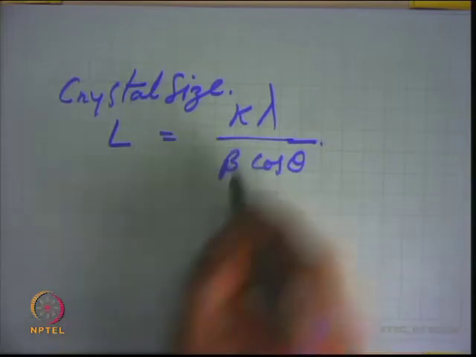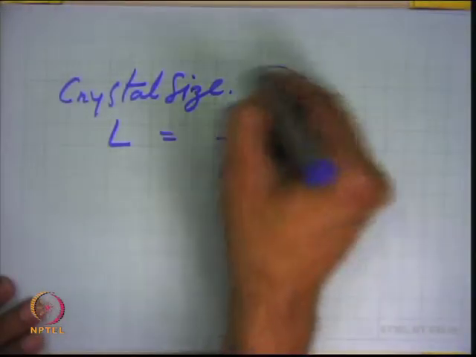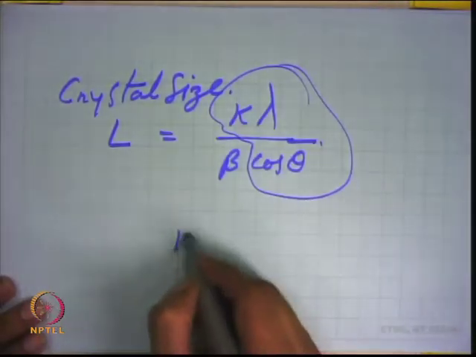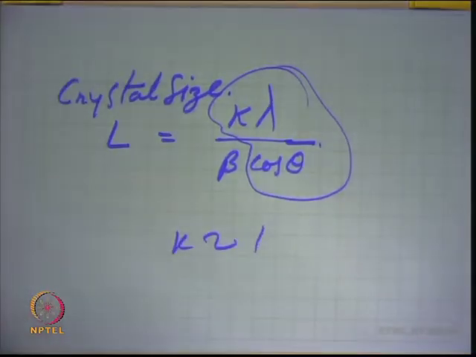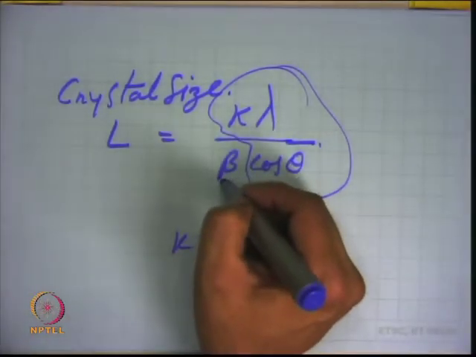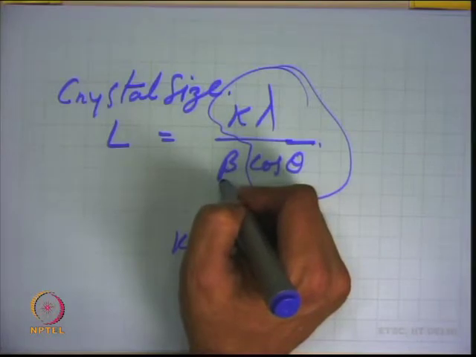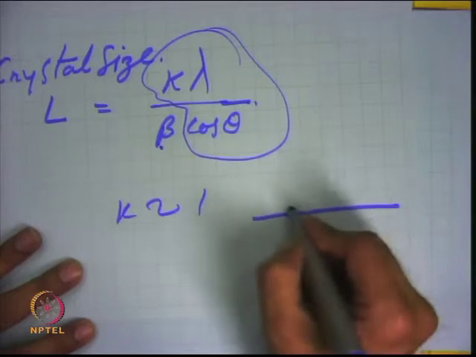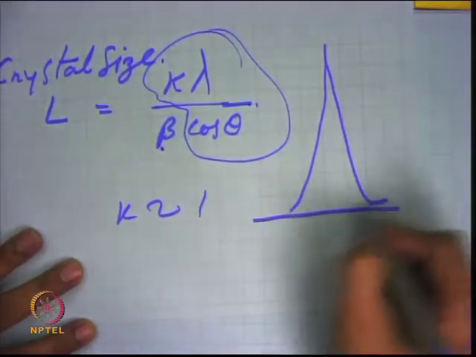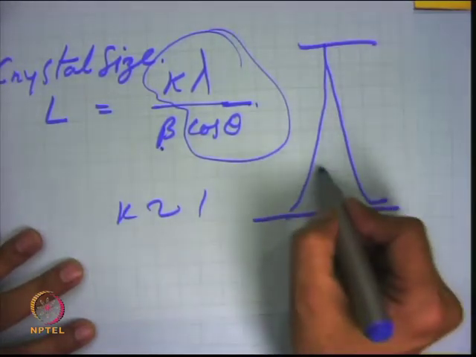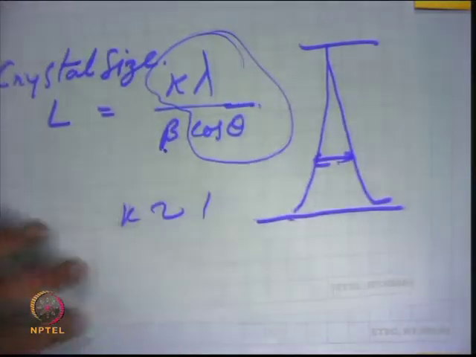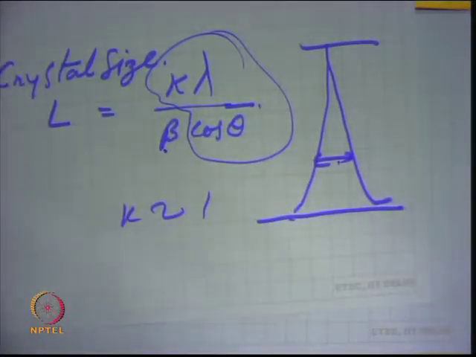So, k is a constant, roughly 1. Beta is the peak width at half height. So, at a given angle of diffraction 2 theta, this is the total height, and beta is the peak width at half height in radian units.